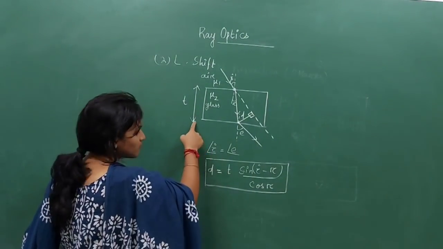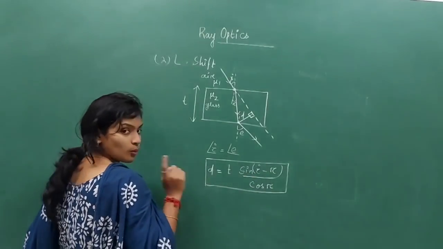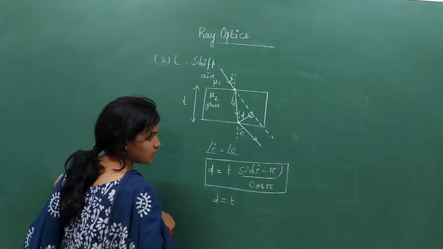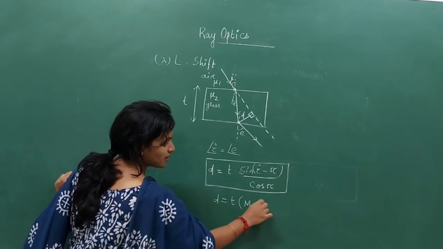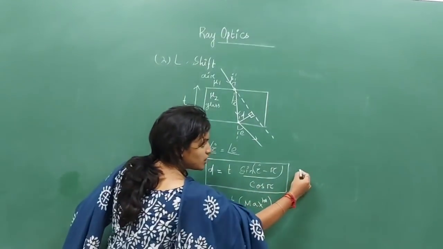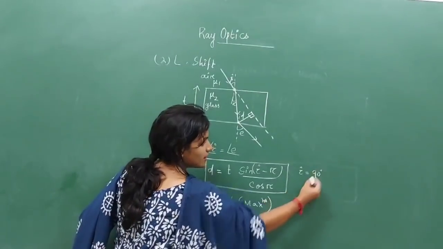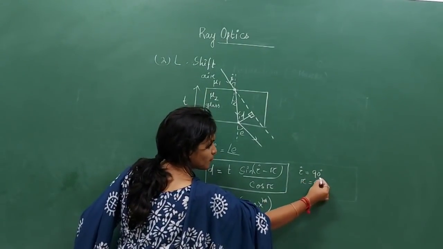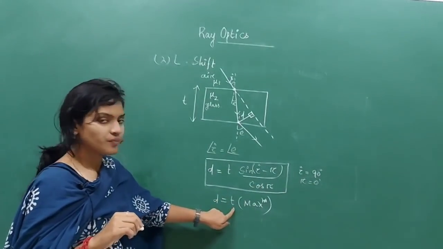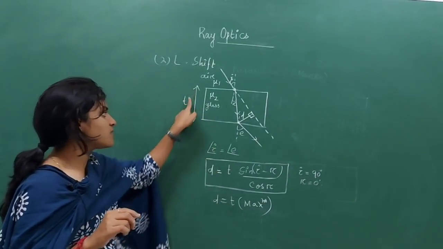Here T is the thickness of the glass slab, I the angle of incidence, R the angle of refraction. For maximum lateral shift, D will be equal to T. For this you have a condition: when I equals 90 degrees, then R equals 0, and substituting all these values, you will get D equals T. The maximum lateral shift will be equal to the thickness of the glass slab.